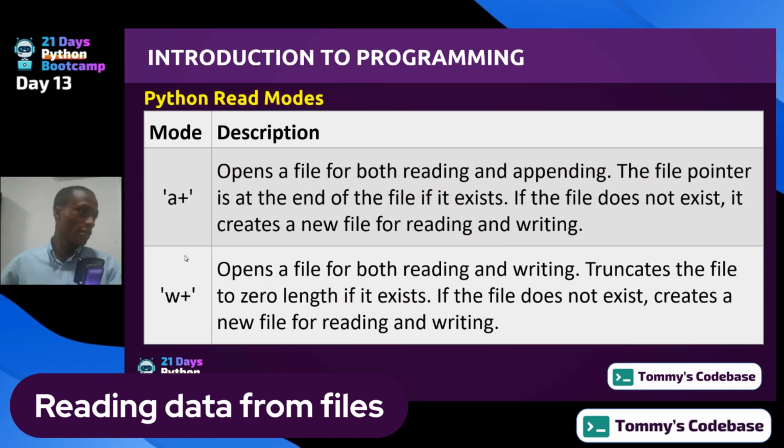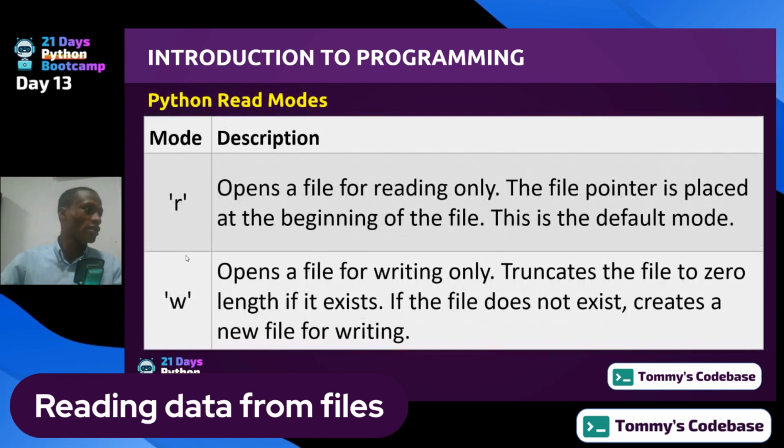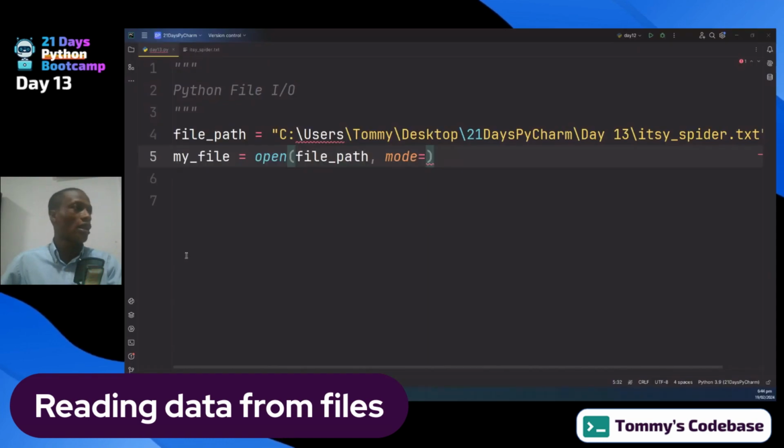I can also do A plus, which also allows me to read together with the appending, and then the W plus also allows me to both read and write. So you can think of the pluses as just modifiers that allow you to also read, apart from the strict ones that the single characters allow you to do.